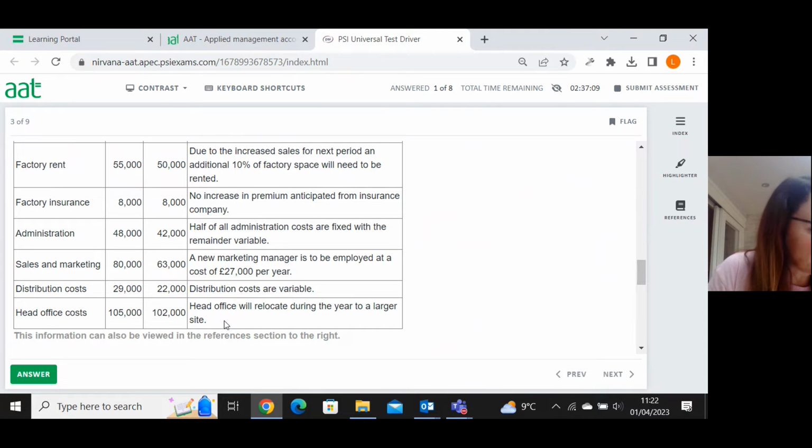So what I did write was an increase of £3,000, brackets, which is under 3%, seems unlikely given the planned relocation to a larger site. I think I would now add to that, however, it could be that the new site is in a cheaper location, which has counteracted the additional costs. Probably add that as an extra sentence.